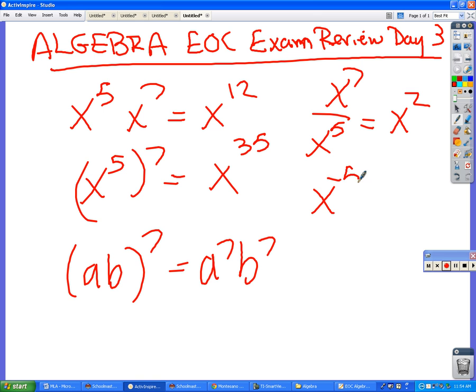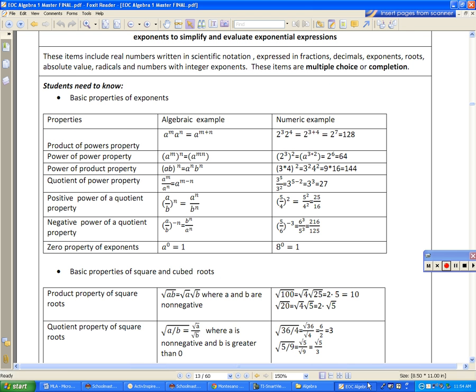If I have x to the negative 5th, what is that? 1 over x to the positive 5th. And then if I have x to the 0, anything to the 0 power is 1. All right, so those are the exponent rules that I was trying to get you to remember.